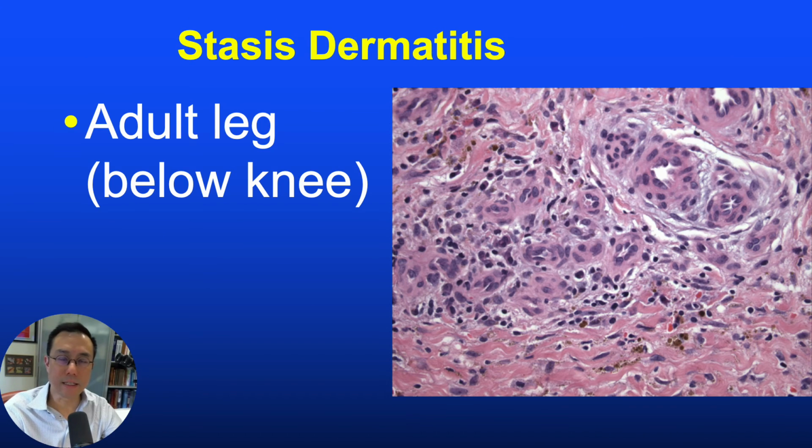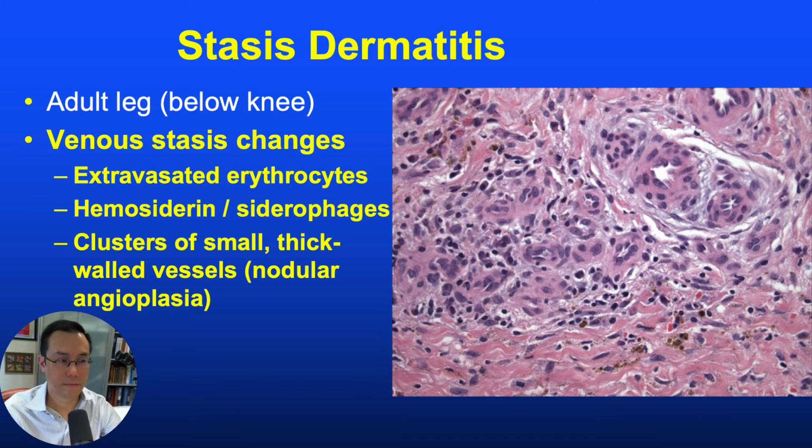Stasis dermatitis is a form of eczematous dermatitis associated and attributed to underlying venous stasis. So this is largely limited to below the knee in adults with venous stasis. And so the key to being able to include stasis dermatitis in your differential diagnosis is the recognition of venous stasis changes.